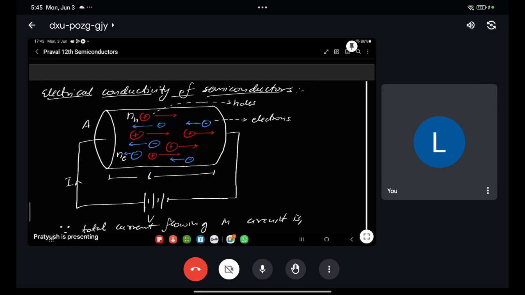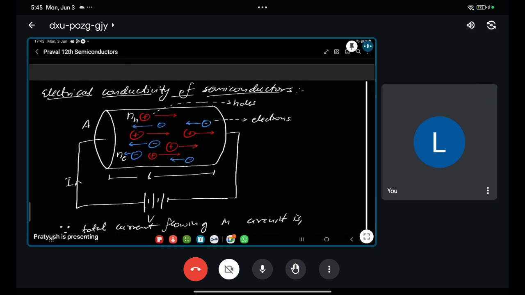Sir, drawn, sir. Drawn. Now I have seen this diagram.